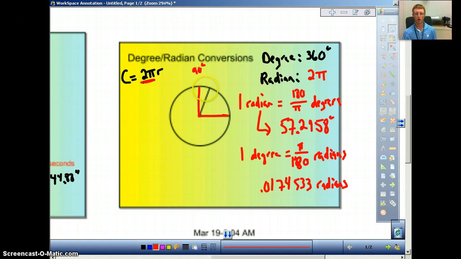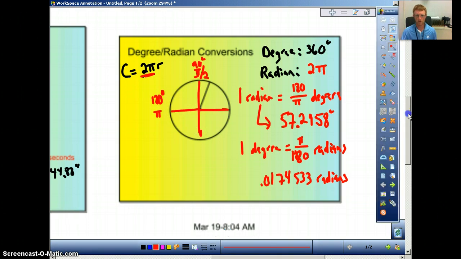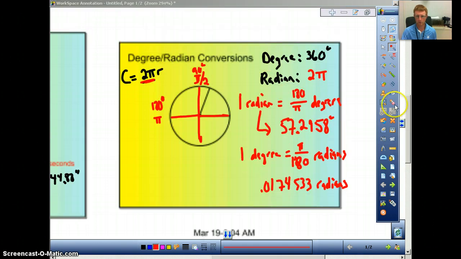For radians, it's the same thing as pi over 2. When we come over here, that's half of our circle. Again, that's pretty easy. That's 180 degrees, and our radians will be pi. Because if the full circle is 2 pi, then half the circle would be pi. And then down here is 270 degrees.